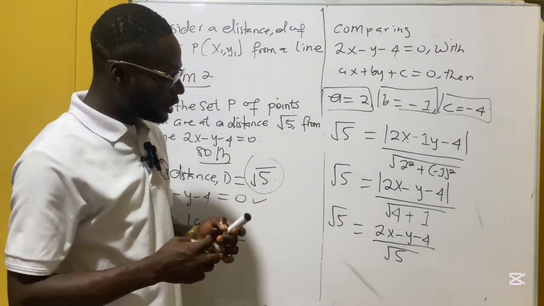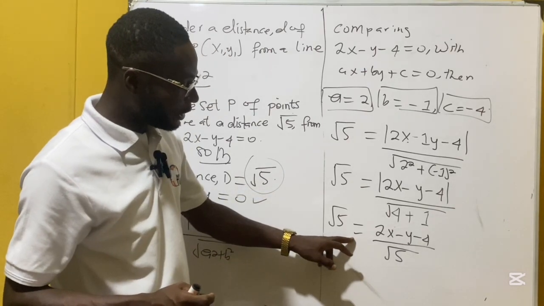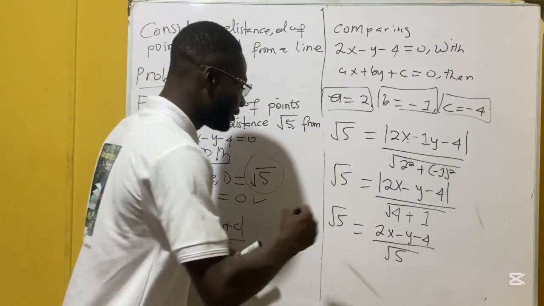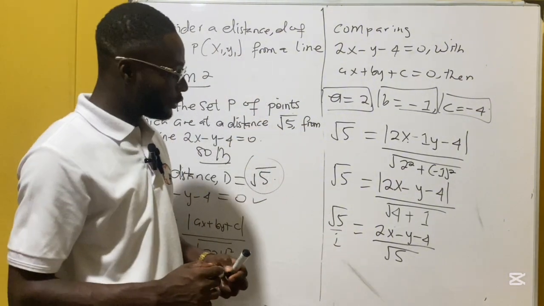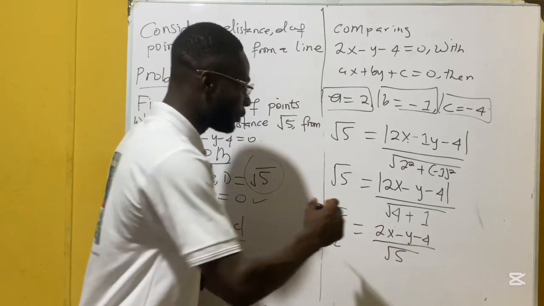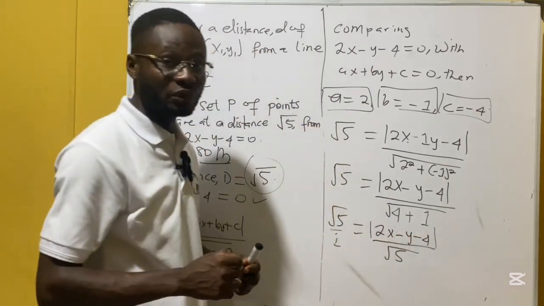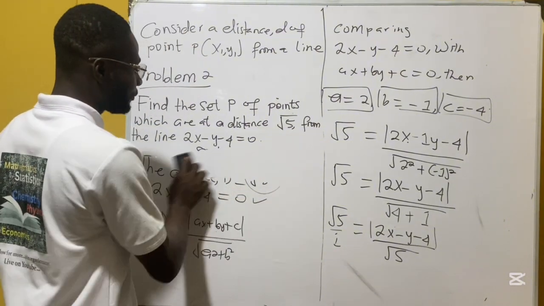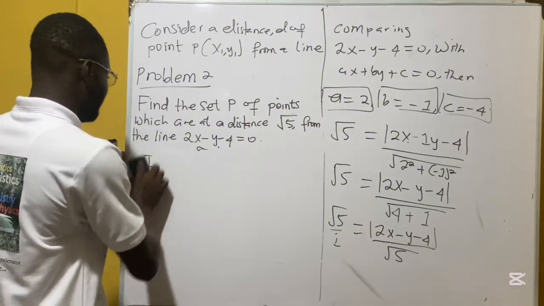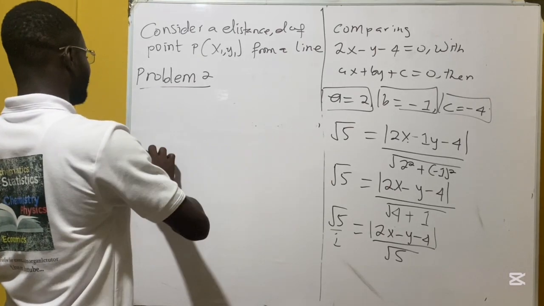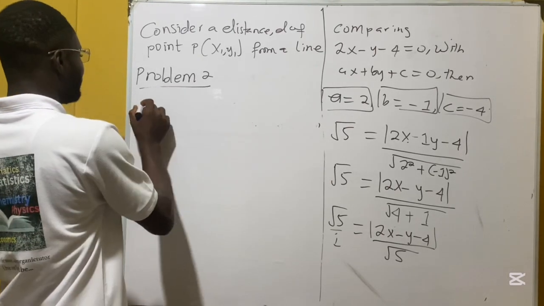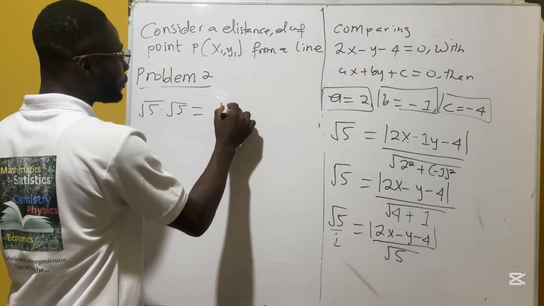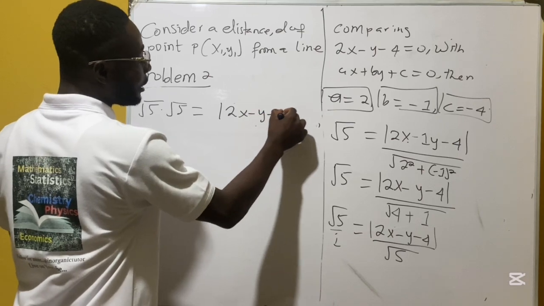So what can we do? From here, we can simplify this equation. You know that this is over 1, so we can cross here. Don't forget your absolute sign because you have to get two equations. So we can say that square root of 5 times square root of 5 should be equal to the absolute value of 2x minus y minus 4.